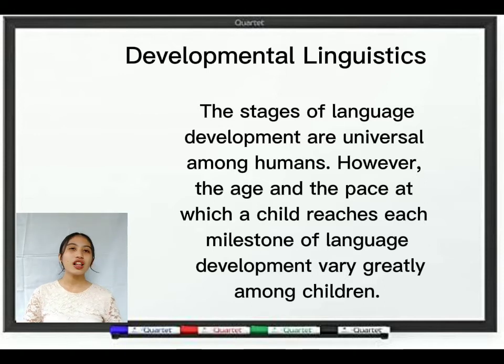Thus, language development in an individual child must be compared with norms rather than with other individual children. In general, girls develop language at a faster rate than boys. More than any other aspect of development, language development reflects the growth and maturation of the brain. After the age of 5, it becomes much more difficult for most children to learn language.